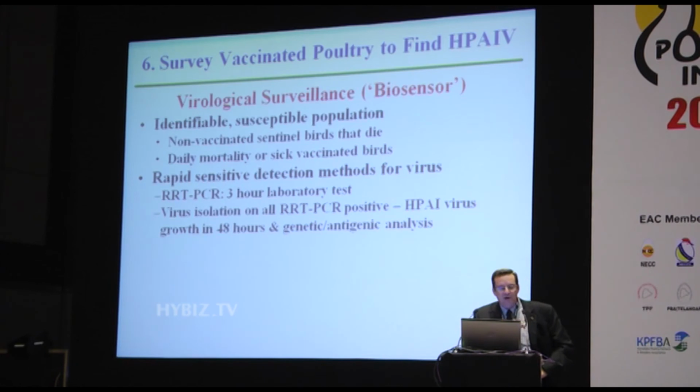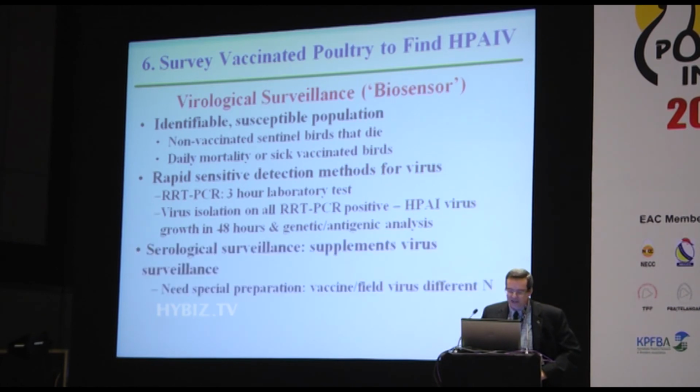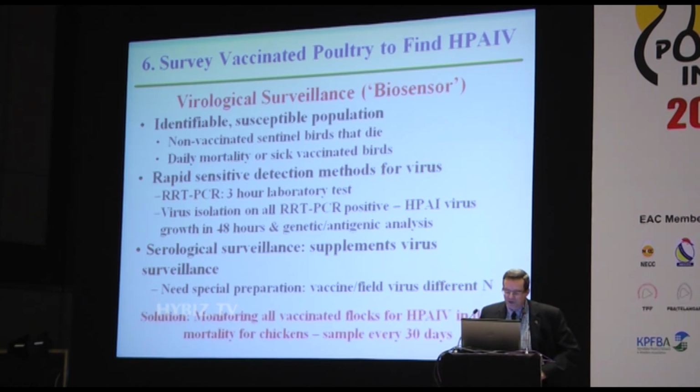Generally, when we look for the virus, we do rapid diagnostic tests like real-time PCR, or we can do virus isolation, although it's delayed in giving us a result. There are some serological tests that can be used, but they have to be specially designed for the field situation. So we really need to monitor vaccinated flocks. Generally, sampling every 30 days, a subset of that population, to look for viruses is ideal.